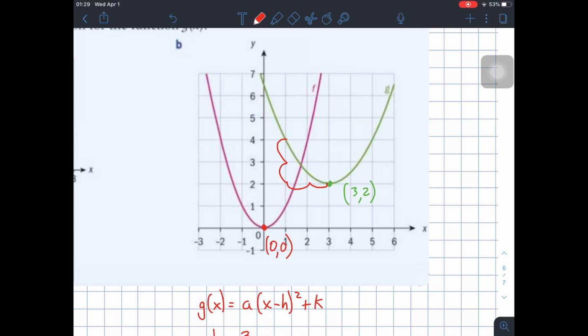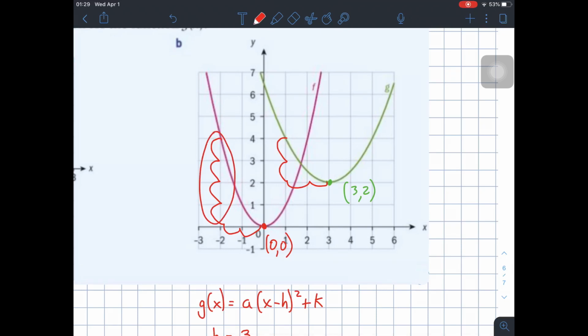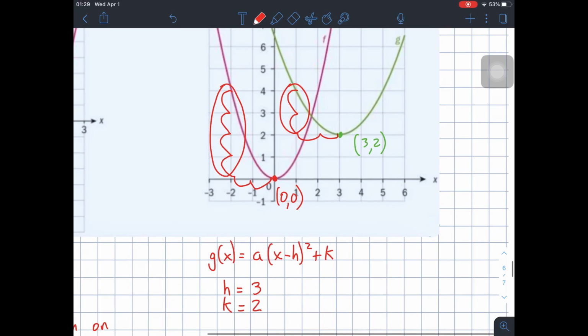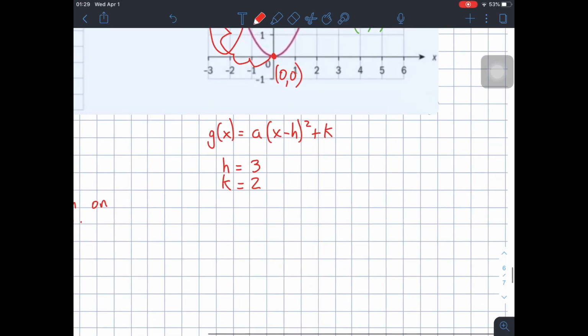But if we do the same thing for the red parabola, if we go 2 units in the same direction, to the left, 1, 2, what happens here? I go up 1, 2, 3, 4 units. So we go twice as much as we would go in the green parabola. Okay, that tells me that the value of a should be 1/2.